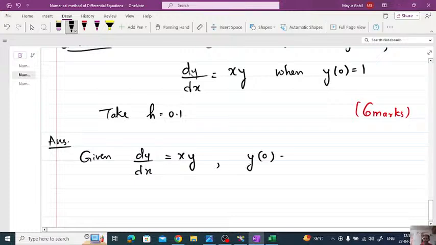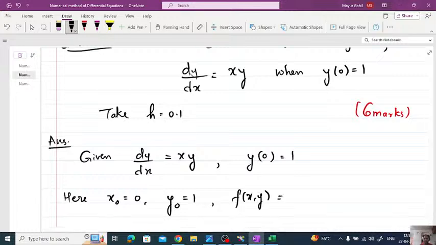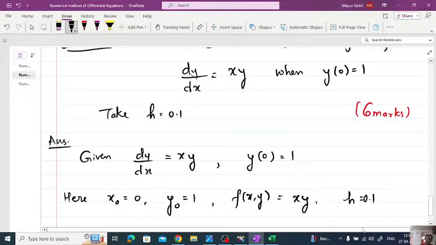y0 is 1, so here you write down, here x0 is 0, y0 is 1. Okay, f of x comma y is xy and h is 0.1. You write down all these things.